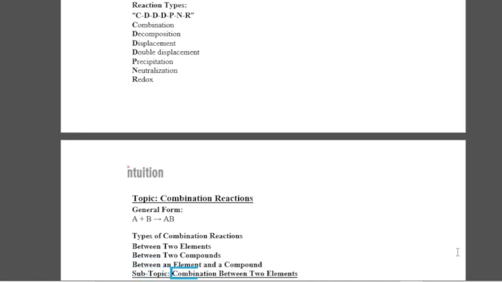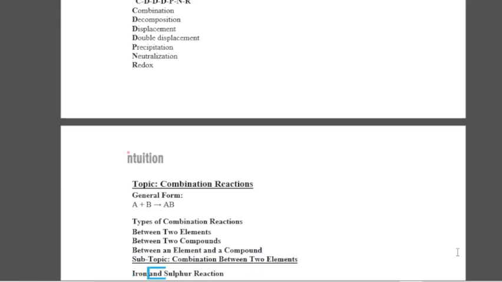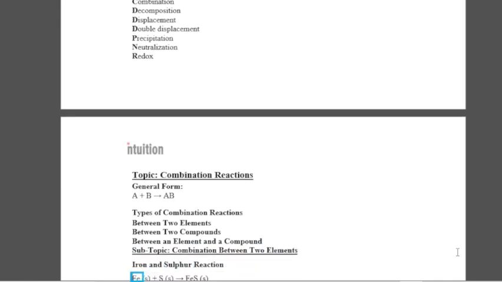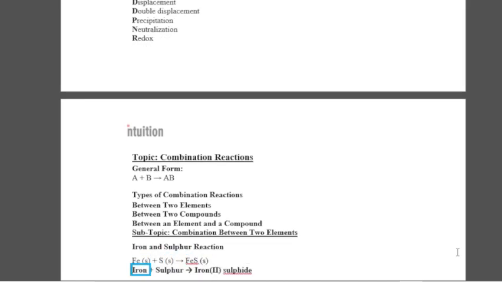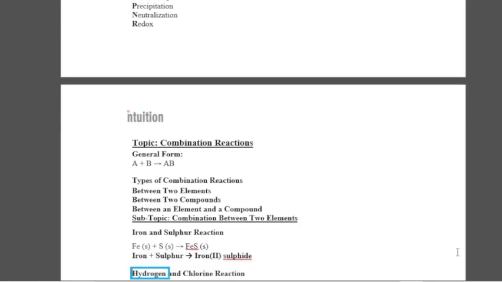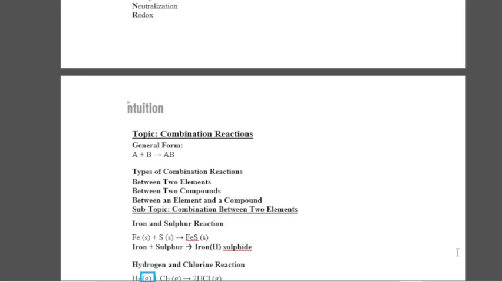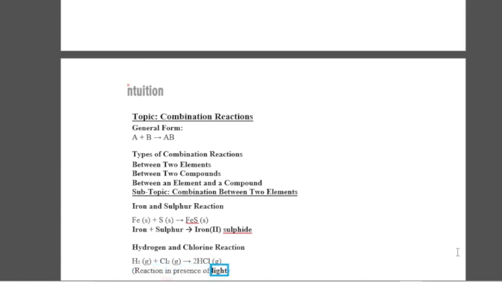Combination between two elements: iron and sulfur reaction, Fe plus S gives FeS, iron plus sulfur gives iron sulfide. Hydrogen and chlorine reaction: H2(g) plus Cl2(g) gives 2HCl(g), a reaction in presence of light.